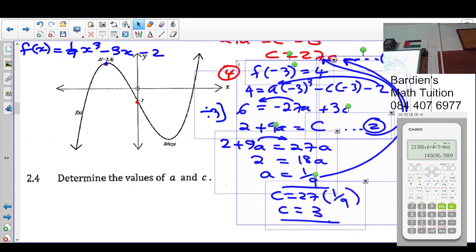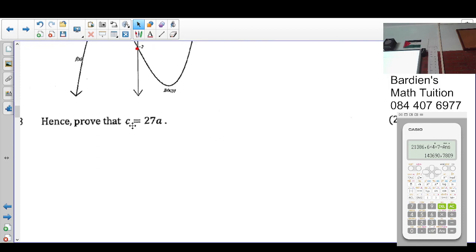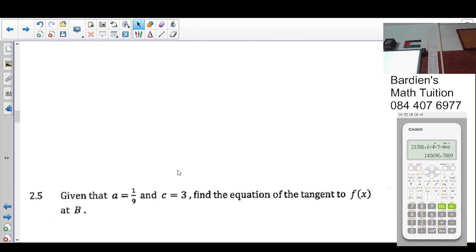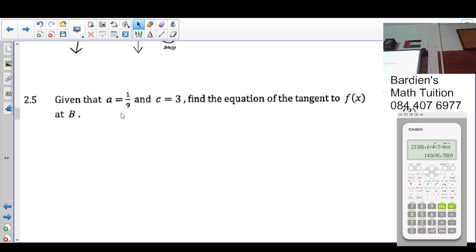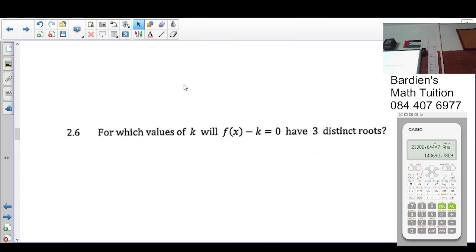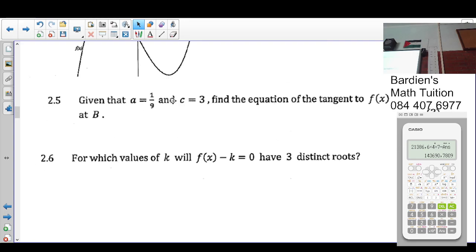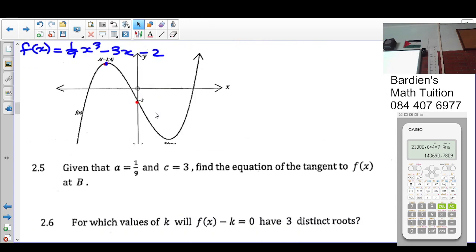The next question says, let's pull the others up now, 2.5. We are now told, given that a is 1 over 9 and c is 3, which means now to say that I am correct from my previous calculation.